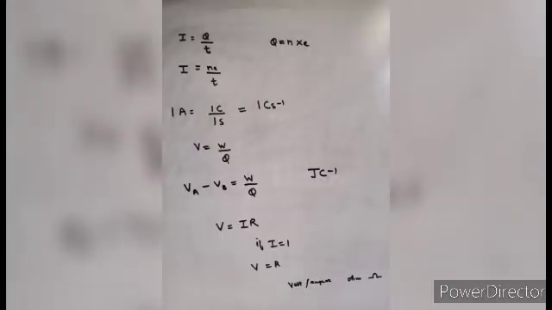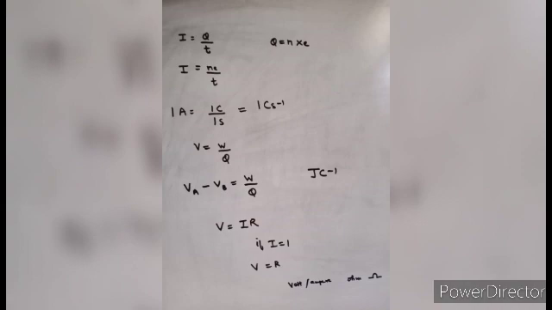Earlier we have V equal to W upon Q. Here we have VA minus VB equal to W upon Q. A and B are respectively 2 points, A and B. So the potential of point A minus potential of point B, that is your potential difference. Now the unit for both potential as well as potential difference is joule per coulomb.